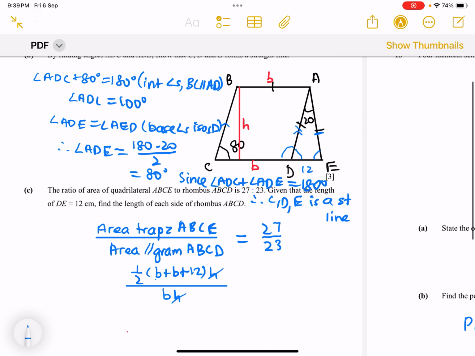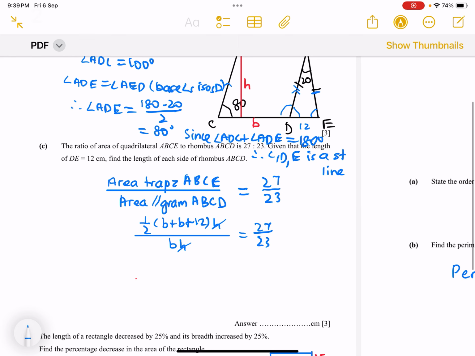Right, so we cancel. So now we have 2b plus 12 divided by 2. We multiply in, we have b plus 6 over b. And we can cross multiply, right? 23 times b plus 6 equals 27b.